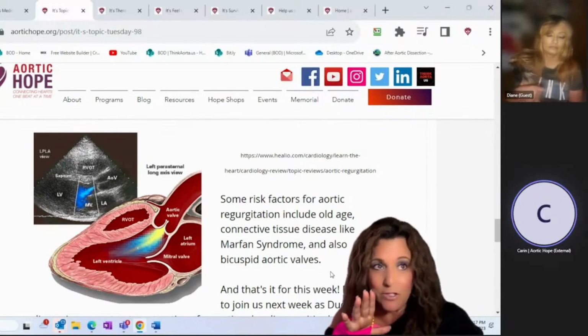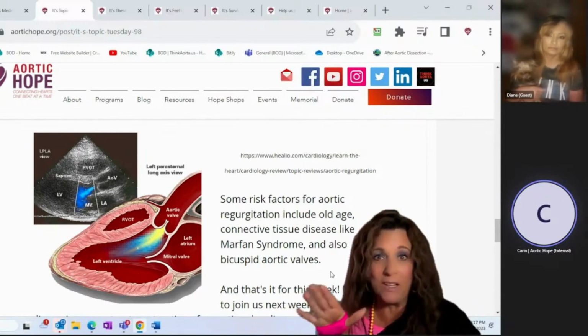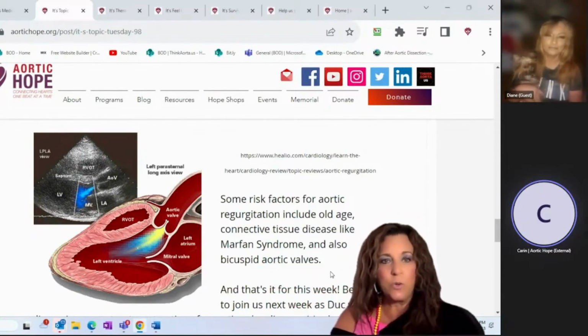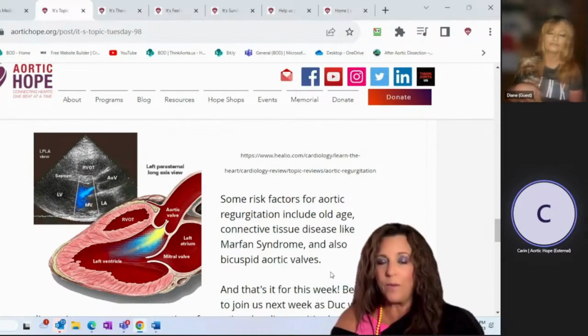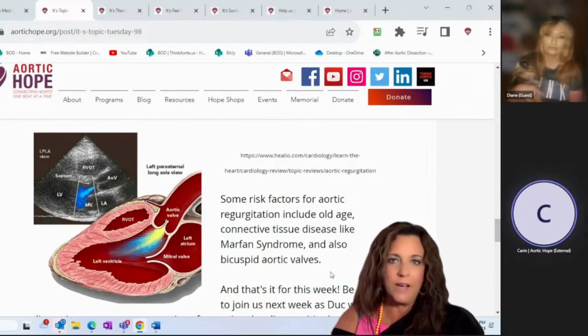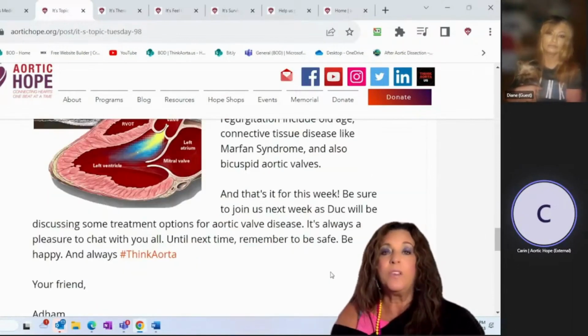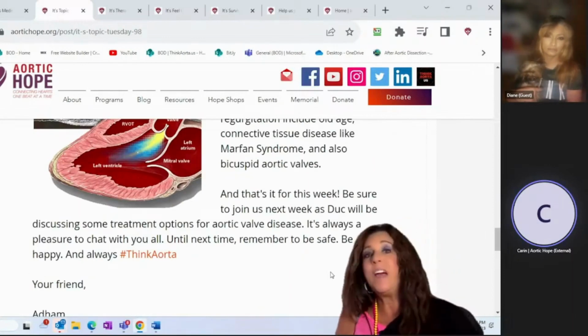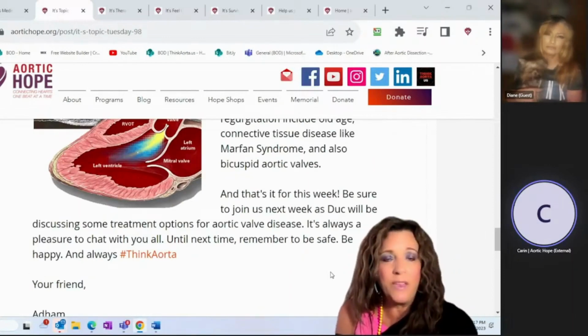All right, well, I have regurgitation and I was considered in the young age bracket. So we'll just also say it could happen to younger people too, right? Okay. If you have a connective tissue disorder like Marfan syndrome, or if you have a bicuspid valve, you are at risk to have regurgitation. So some things to just think about and to understand and to learn. And those are the most common issues you find with aortic valve disease.